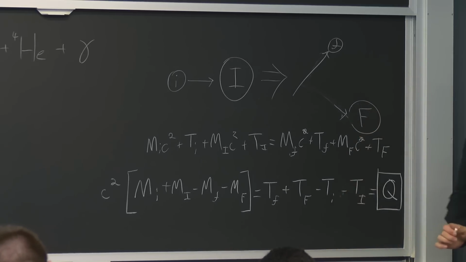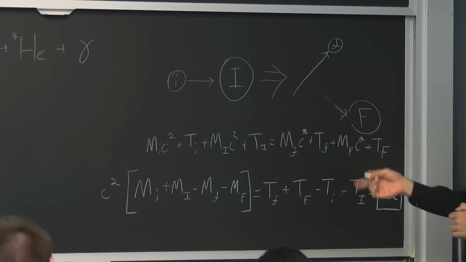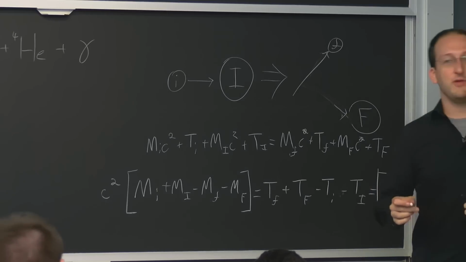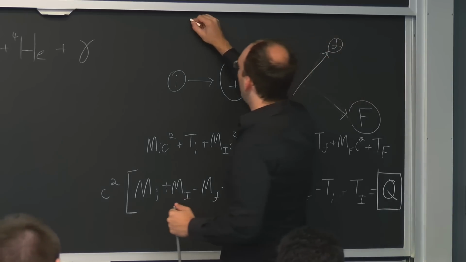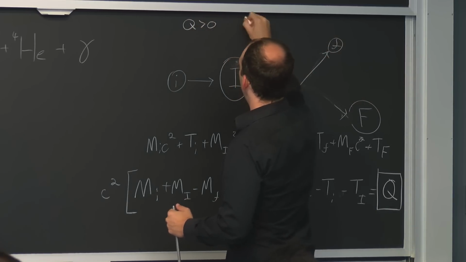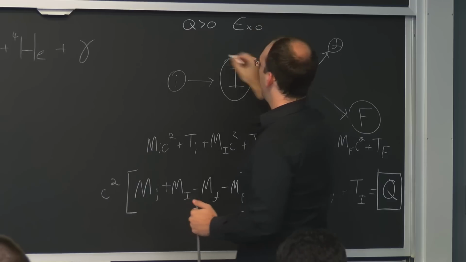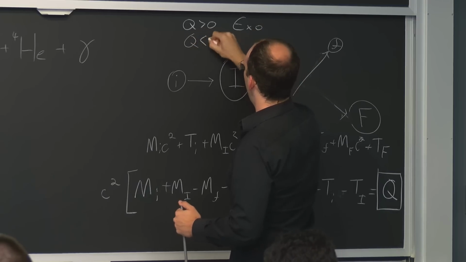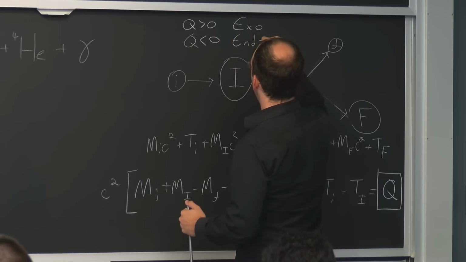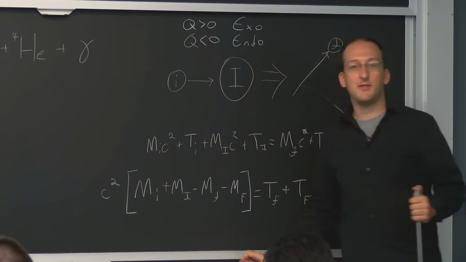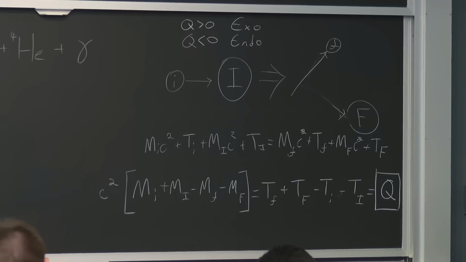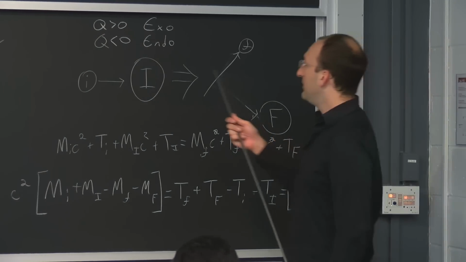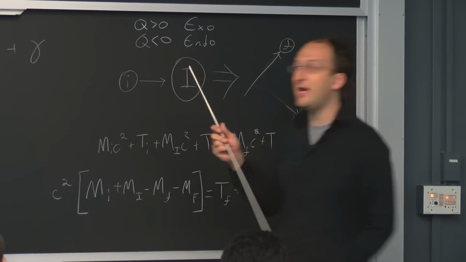And so by getting the difference in the masses or the kinetic energies at the end, you can figure out whether this reaction is exothermic or endothermic. If you remember, we said if Q is greater than 0, it's exothermic. If Q is less than 0, it's endothermic. In a nuclear reaction like a chemical reaction, you've got to input extra energy into the system beyond just the rest masses of the particles to make an endothermic reaction happen.